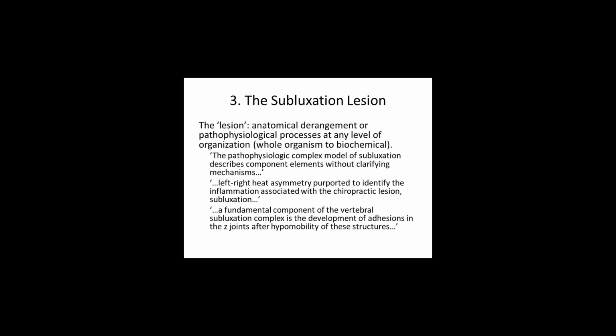The subluxation lesion was what people thought was going on under the skin and causing the patient suffering. Be careful, because these descriptions are almost always hypothetical rather than direct observations.